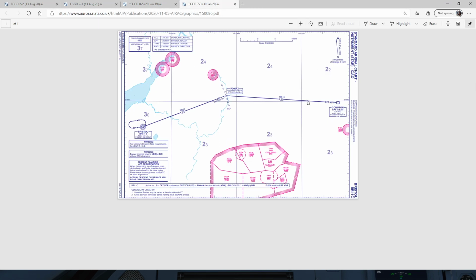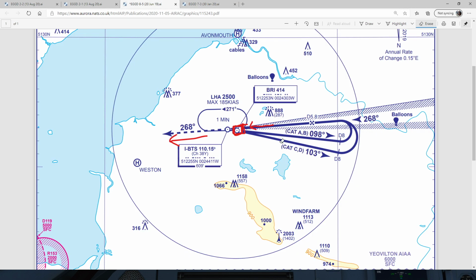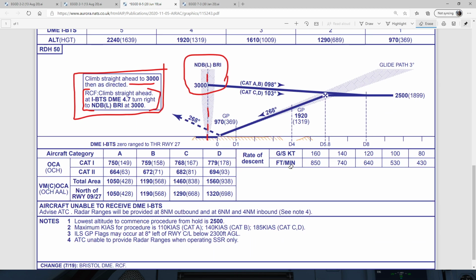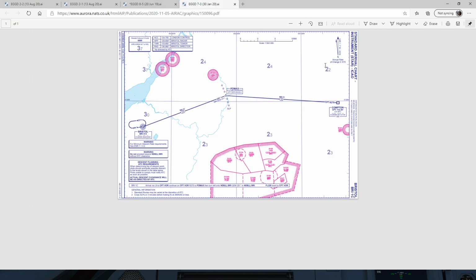So that's that Bristol 1 Charlie that we're flying in. So we're going to go ahead and demonstrate that then. We're using the A32NX Fly-by-Wire Mod. And you can see we need to overfly the NDB Bristol at 3,000 feet for that Bristol 1 Charlie arrival.